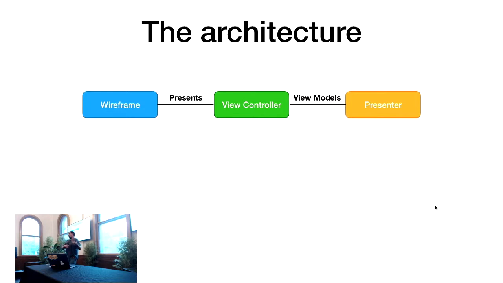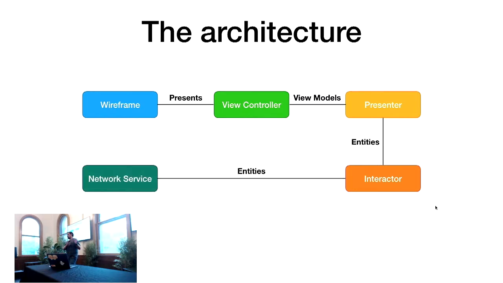And I don't want, as I said, to have the view controller doing all the networking and all this sort of stuff. So instead of doing the networking calls, it will ask a presenter to get some view models, which then will end up calling an interactor, which will be doing the final call to the networking service, and there will be transformations going through, so that each layer has a well-defined responsibility.